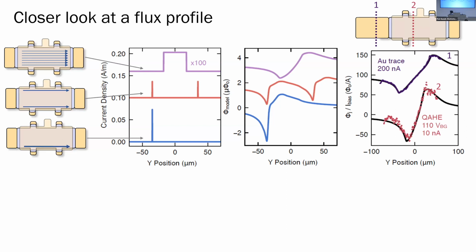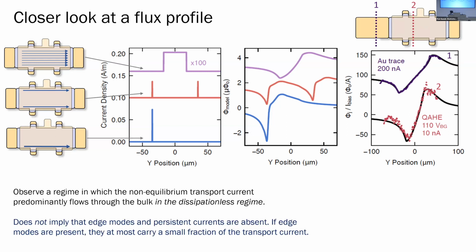If we compare to the data, say again a line cut through the middle of the channel, then it really fits a current density that flows through the bulk of the sample. I can even compare that to the experimentally measured current profile that I get when I take a profile through the gold contact, where I really know the current should be flowing through the interior of the channel.